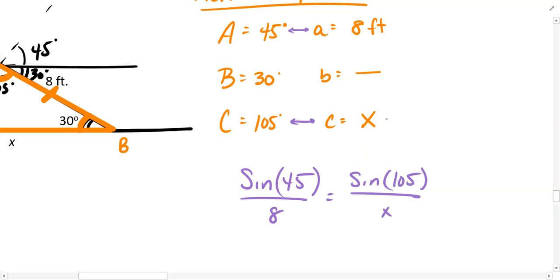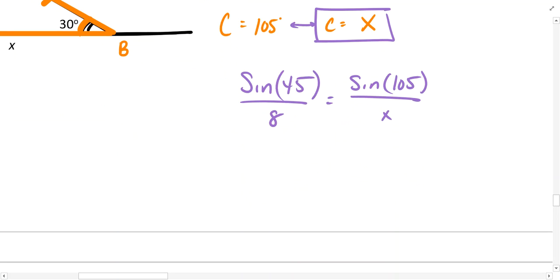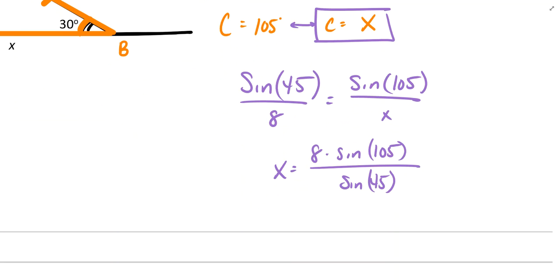We're going to use this pair down here because ultimately we're looking for the distance between the bases of each of these solar panels. And you should recall that the process for solving for x, the unknown in this position, is to choose the two values that are diagonal, not including this value, multiply them together, then divide by the third, which I've shown here in this setup: 8 times sine of 105 divided by sine of 45.